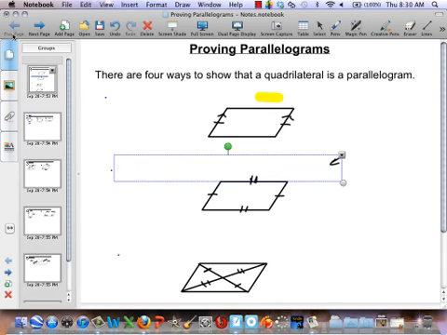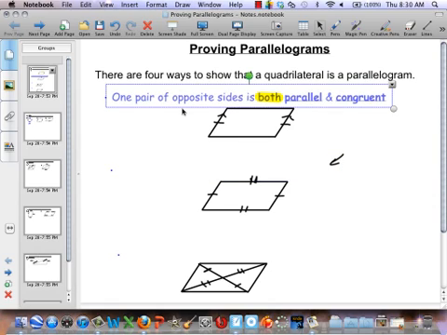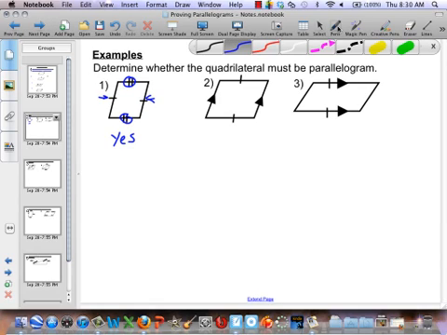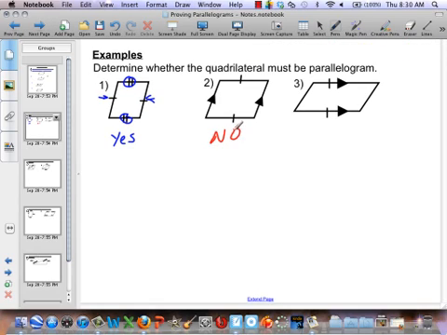But remember, if we go back to our first one, what we're told here is that these need to be both parallel and congruent on the same side. So number 2 does not fit any one of our 4 options, so that is a no. But number 3 fits that option, so that is a yes.